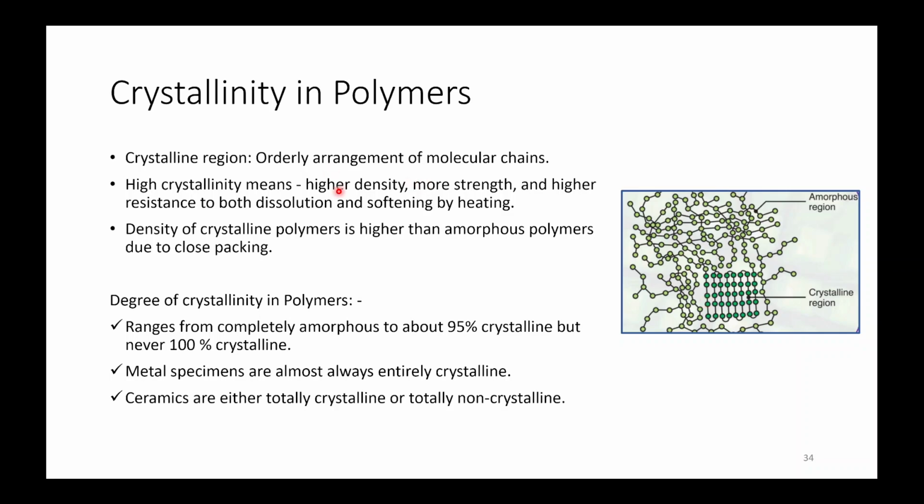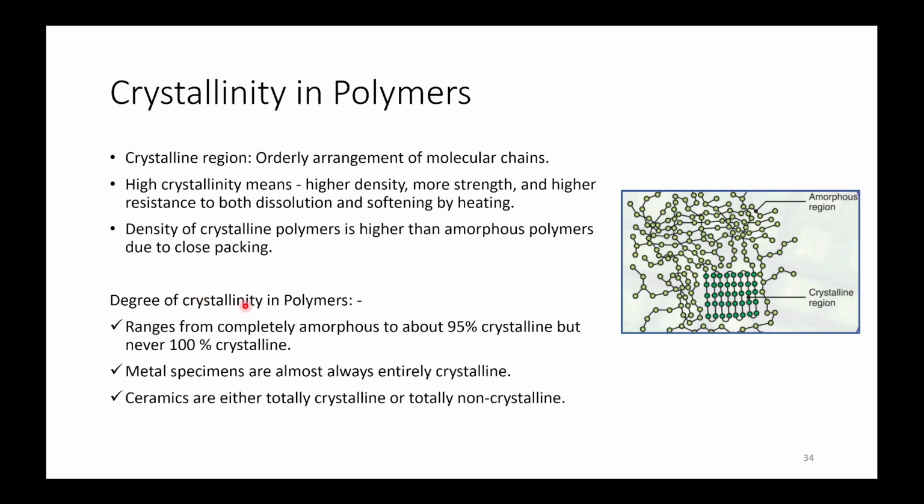This also gives it more strength because there will be good bonding between these, and it will have high resistance to both dissolution and softening by heating. The density of crystalline polymers is higher than amorphous polymers due to close packing.